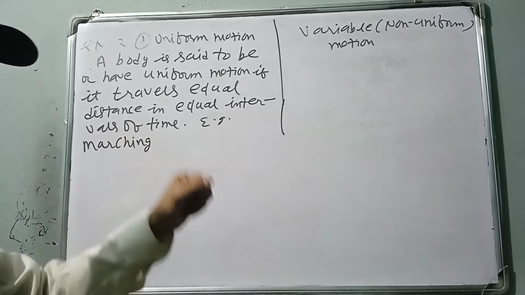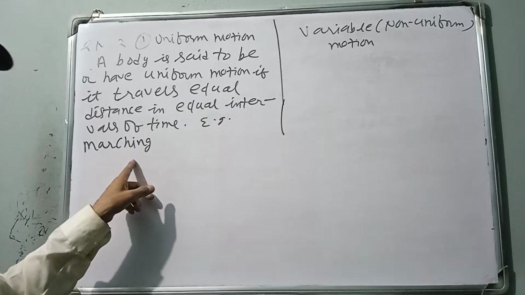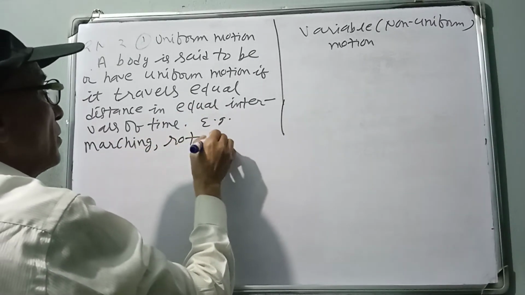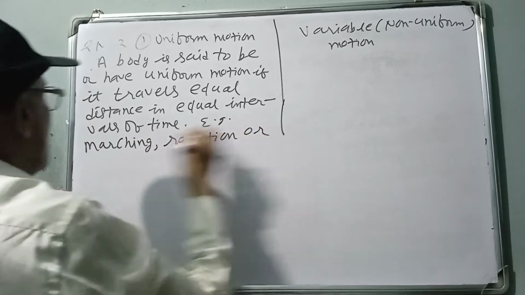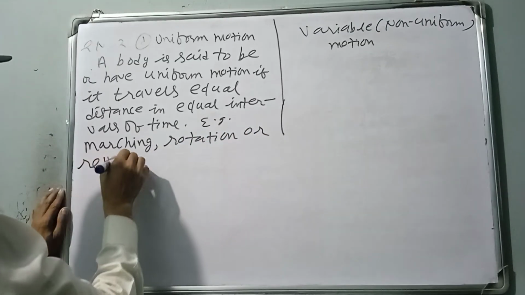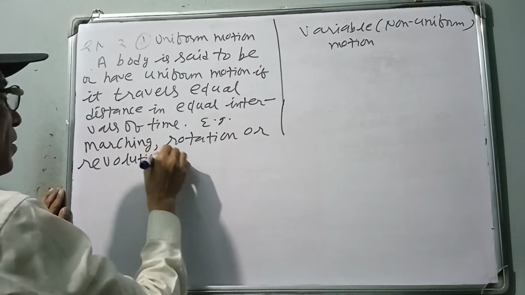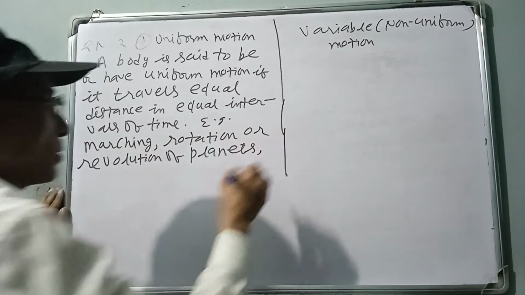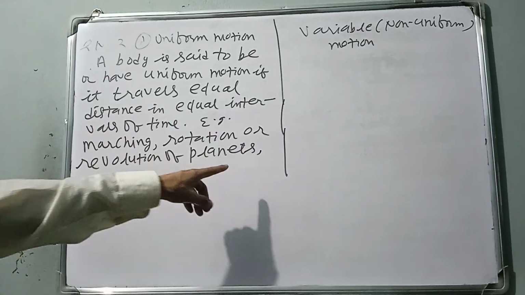Marching of army, that means at the same time, एक नाचले हुन्छ marching. Rotation, revolution of planets, there is no change. It's uniform motion, एक नाचको हुन्छ.